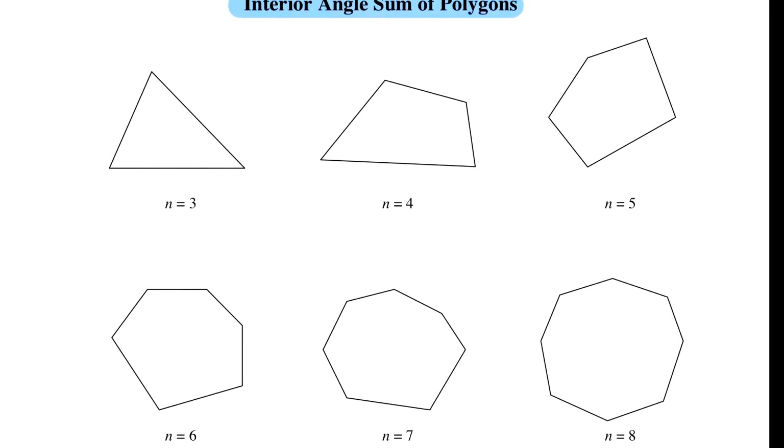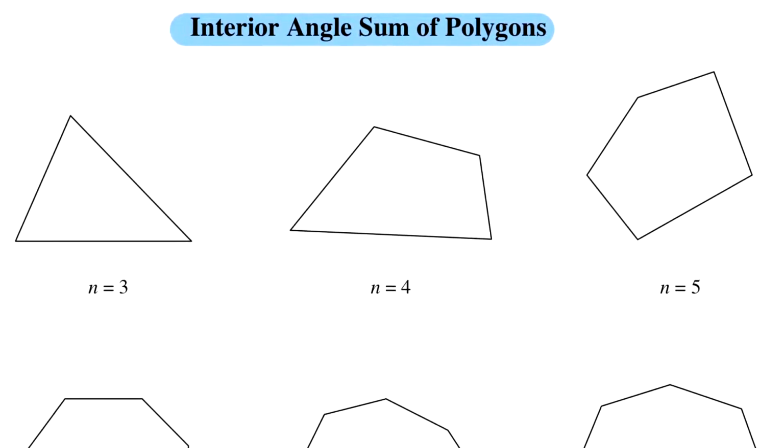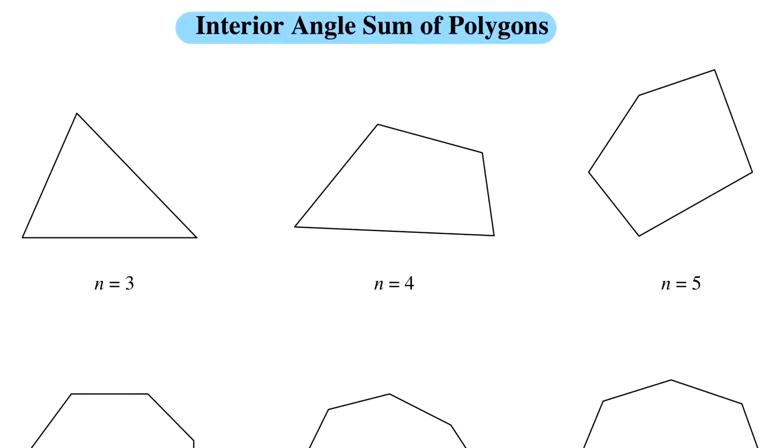All right. And so what we're going to try to figure out here is the interior angle sum of polygons. Means what do all the angles on the inside of these polygons add up to? Well, we've already done this, and this first shape says n equals 3, which means it has 3 sides. So as we could see, we have a triangle.